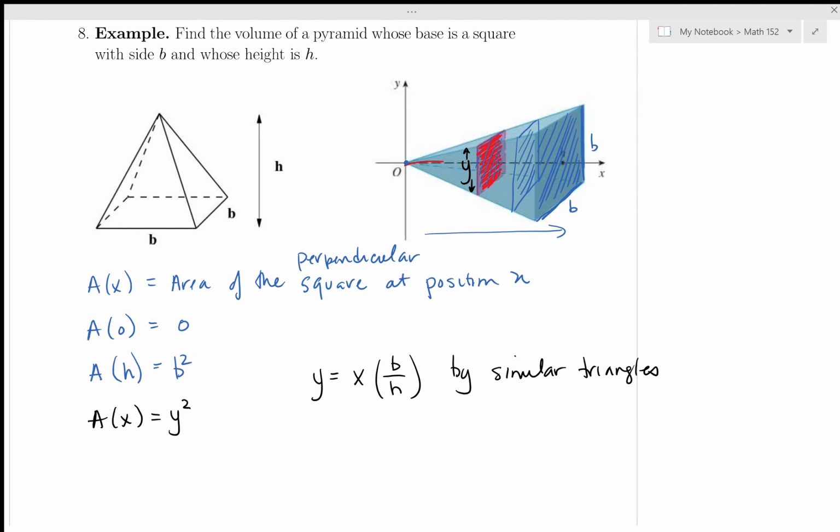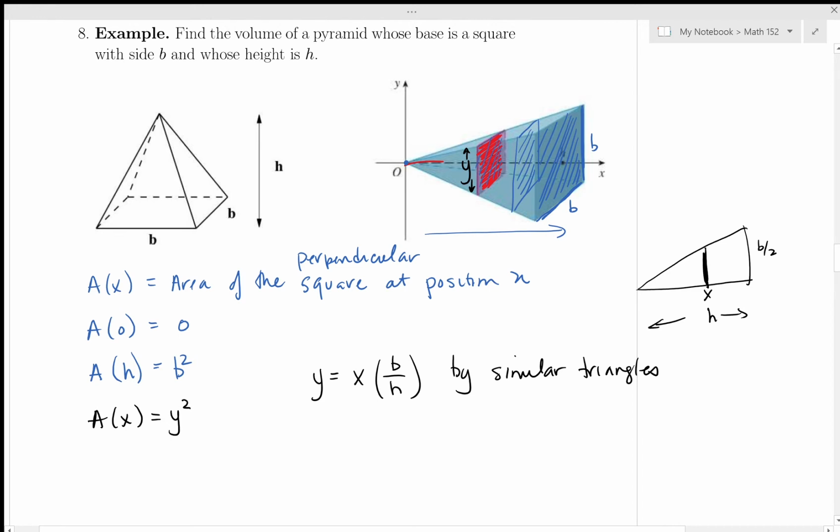But we've got a similar triangle situation where we've got something looking like this, where this would, let's see, let me not do this wrong. This would be b over 2, this would be h along here. This is x here. And then we're asking for this height right here.